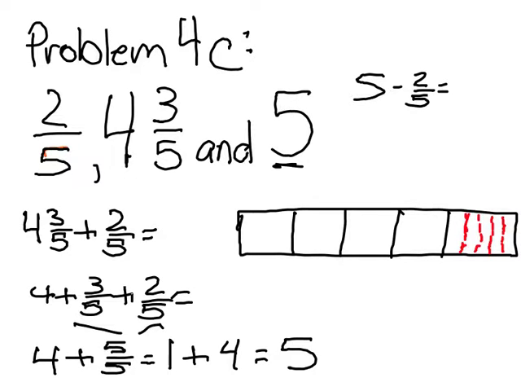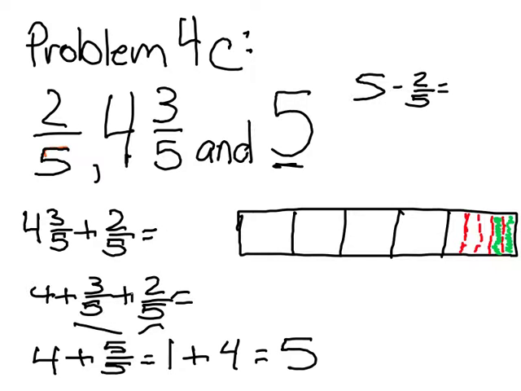Let's get rid of. We're going to subtract 5/5. We're going to subtract 2/5. So let's take 2 of these away. And our answer is going to be what's left. 1, 2, 3, 4. 4 and 1/5. 4 and 2/5. 4 and 3/5.